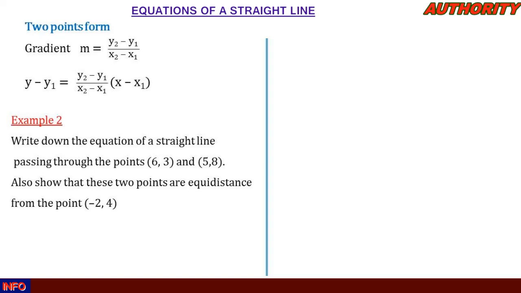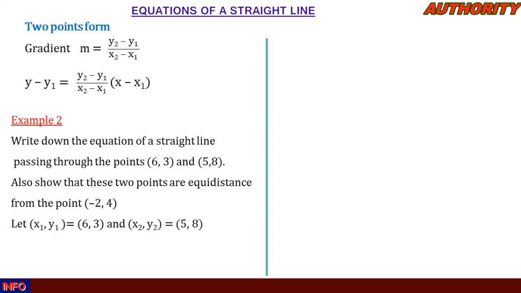All right, yes, you say write down the equation of a straight line passing through the point 6 comma 3 and the point 5 comma 8, and also show that these 2 points are equidistant from the point minus 2 comma 4. All right, let's go.